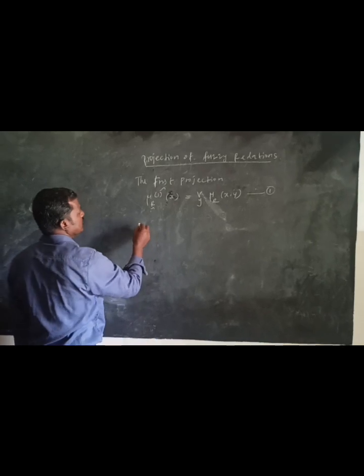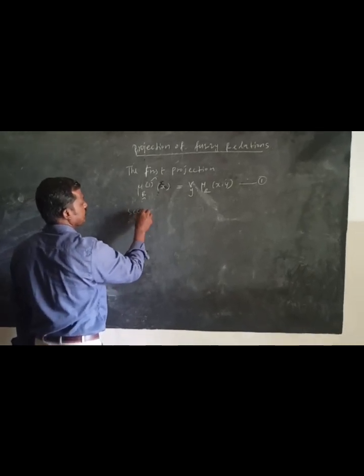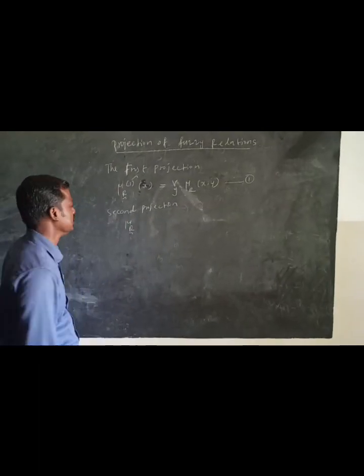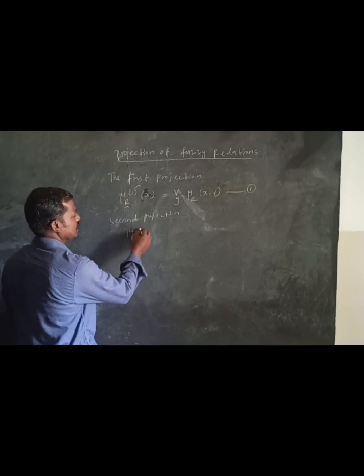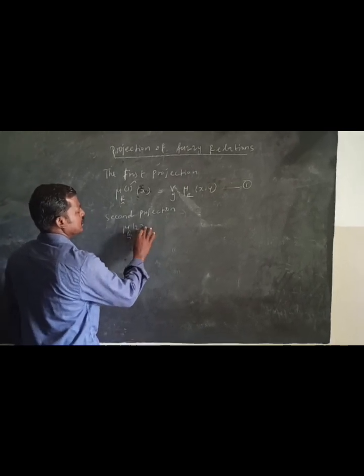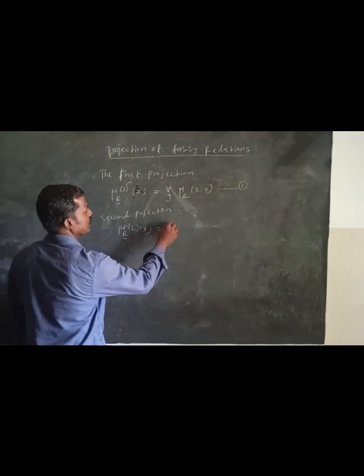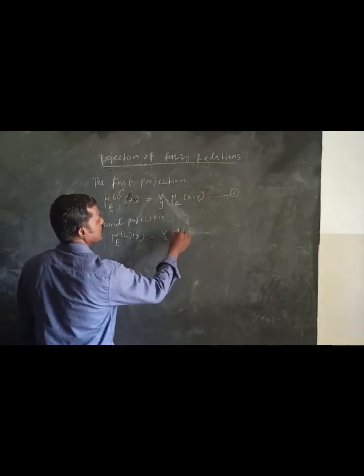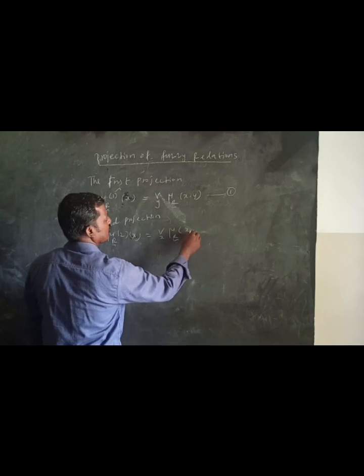Now we define the second projection. The second projection is μ_R(y) = union over x of μ_R(x, y).